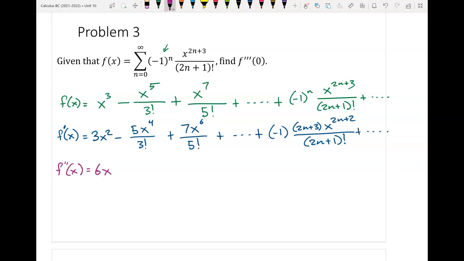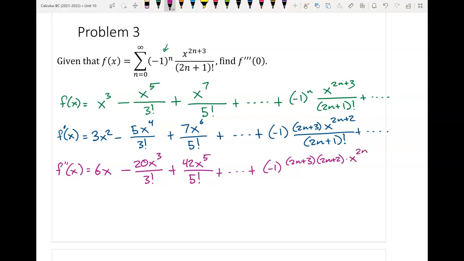So that would give me 6x minus 20x to the third over 3 factorial plus 42x to the fifth over 5 factorial plus dot dot dot plus negative 1. I have 2n plus 3, but now I need to drop down my 2n plus 2. And now I minus 1 in my power again, and that would be 2n plus 1 over 2n plus 1 factorial. Dot, dot, dot.